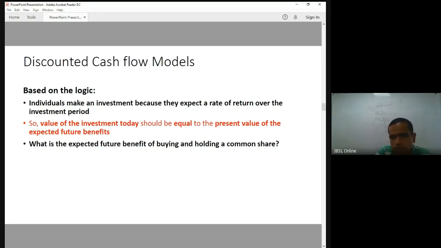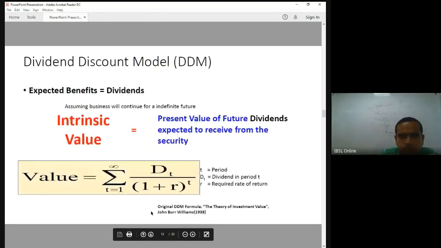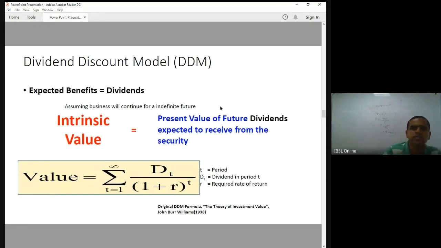What is the expected future benefit of buying and holding a common share? How would you benefit by investing in shares? Through dividends and capital gains. So with the dividend discount model, using dividends, you can calculate the intrinsic value of a security, of an asset or a share.